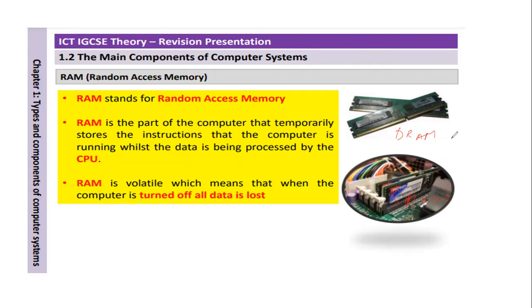So RAM cannot hold data if there is no power supply. That is why we call it volatile. Remember, volatile means it will lose its content when there is no power supply. So whenever you shut down your computer or laptop, there will be no data in RAM. So RAM is totally cleared if there is no power. You got my point?